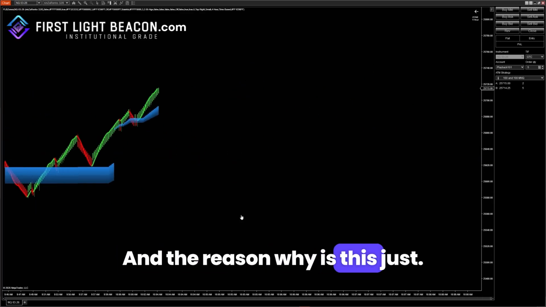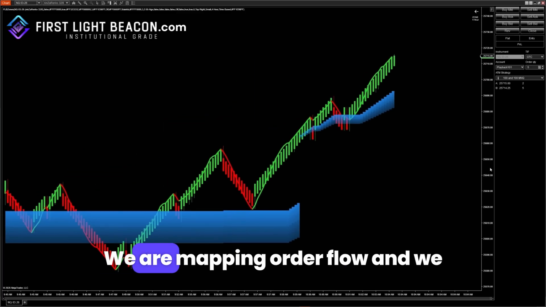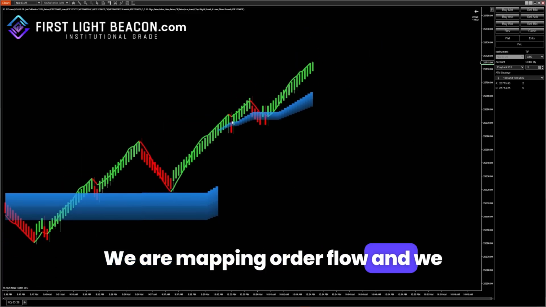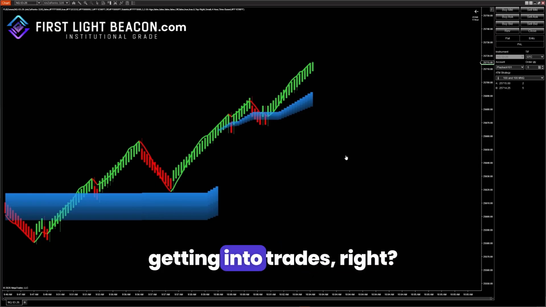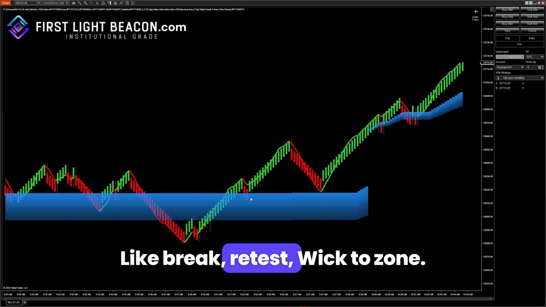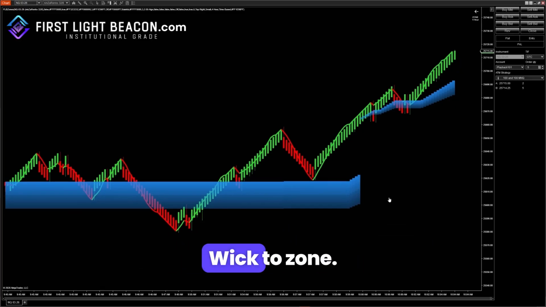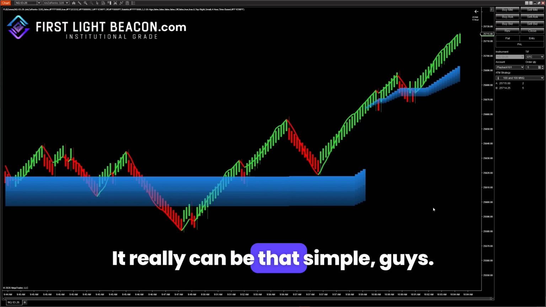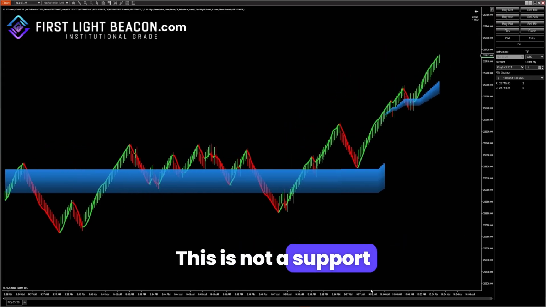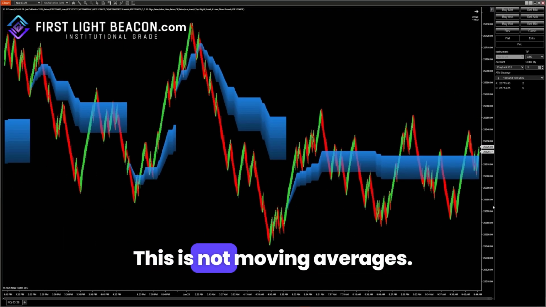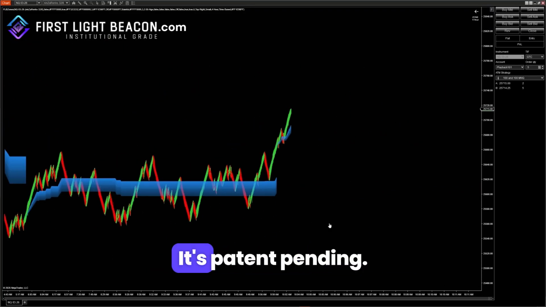The reason is that we are mapping order flow, and we can see where we should be getting into trades, like a break, retest, wick to zone. Here's another one right here, wick to zone. It really can be that simple, guys. This is not a support and resistance indicator. This is not moving averages. This is brand new. It's patent pending.